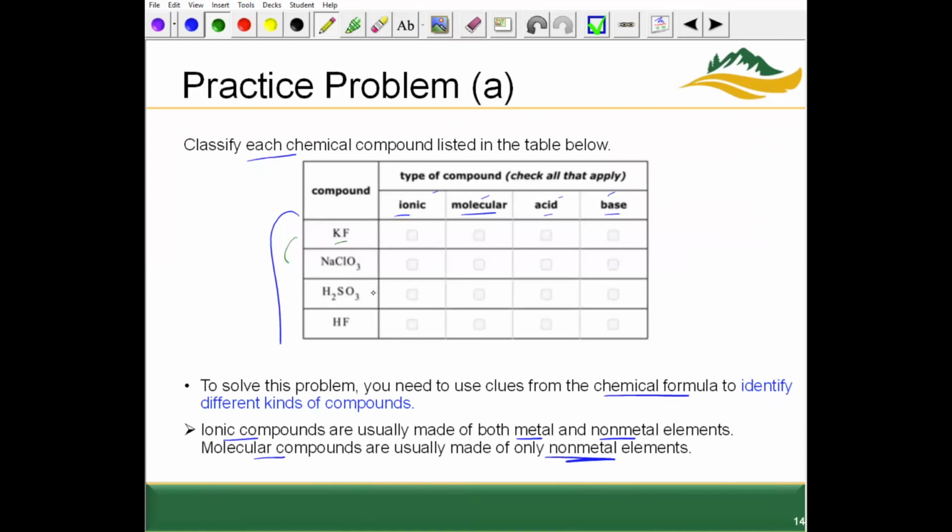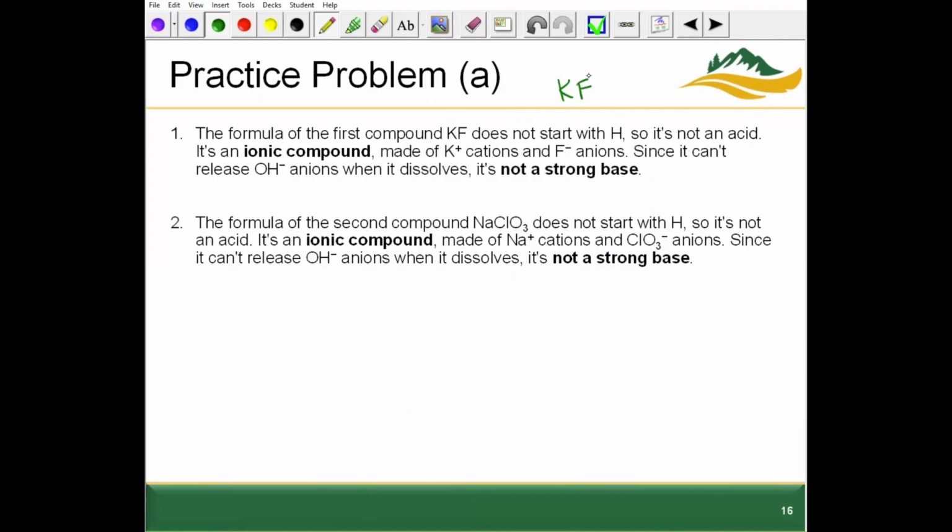So KF and then NaClO3. For KF, potassium is definitely a metal, fluorine is definitely a nonmetal. So right away, just from the formula, we can say that KF, or potassium fluoride, is an ionic compound. Is this a base?